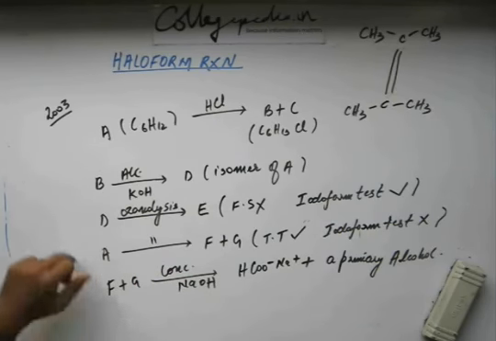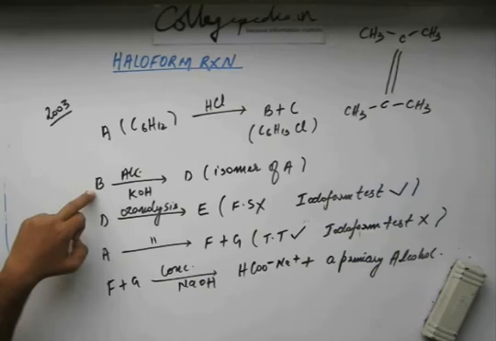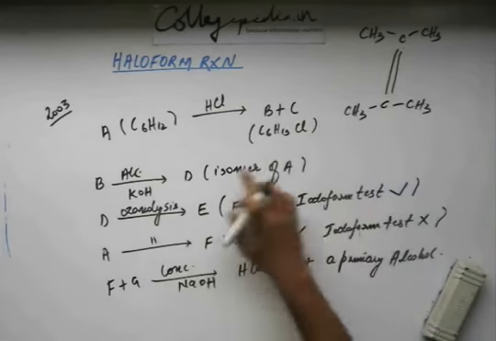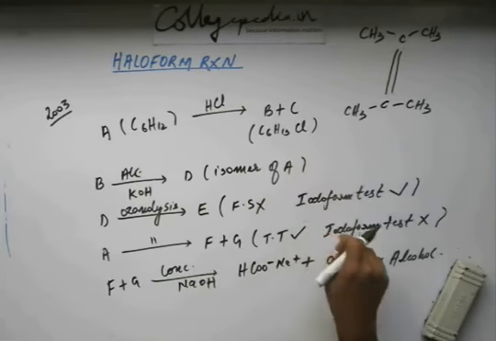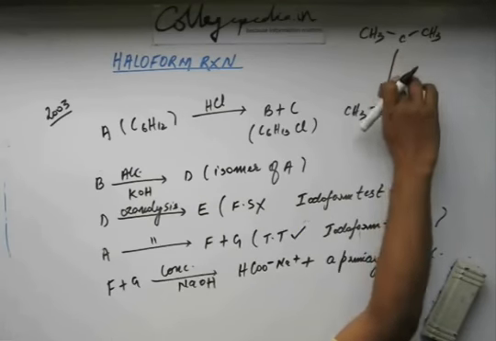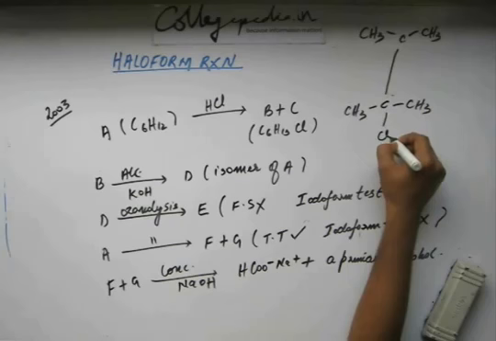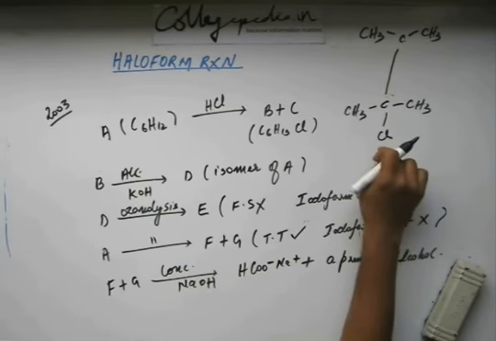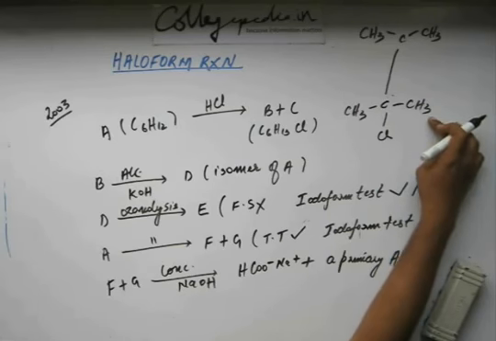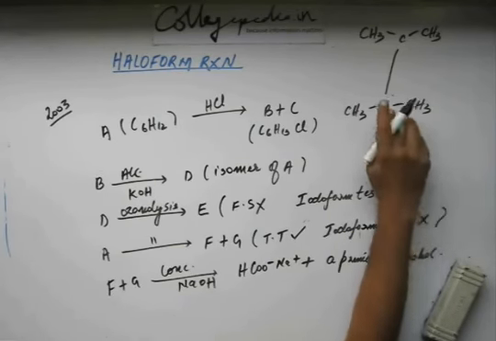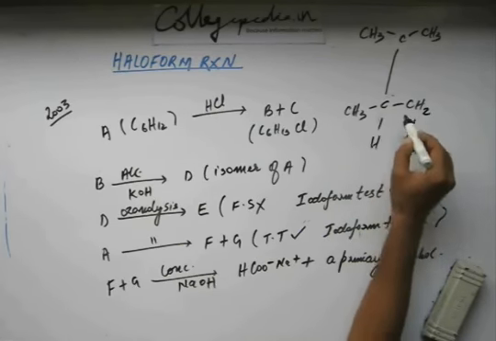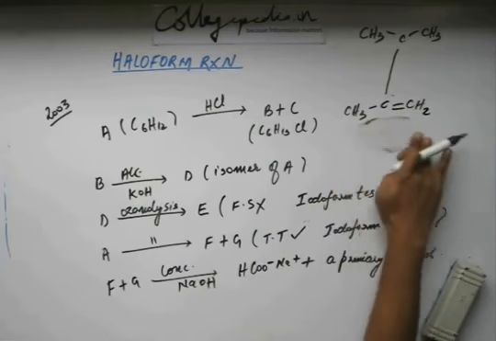Next you have to find B. Now B has a chlorine, and after elimination you are getting D. So the chlorine has to be at this position, because if the chlorine is at any other position, suppose at this position, then the base will abstract hydrogen from here and an alkene will be formed at this position.